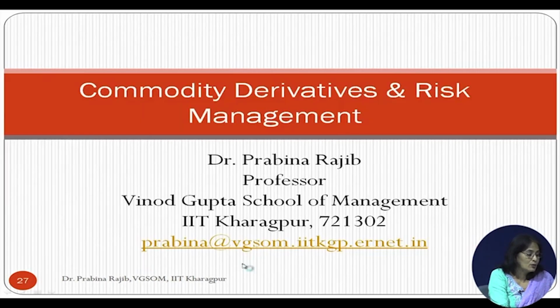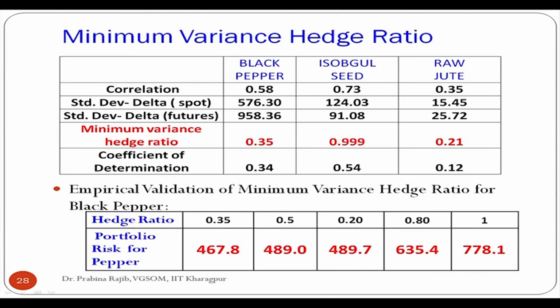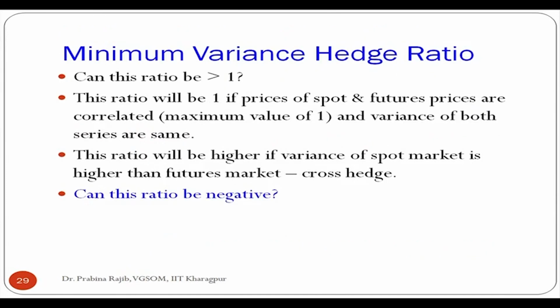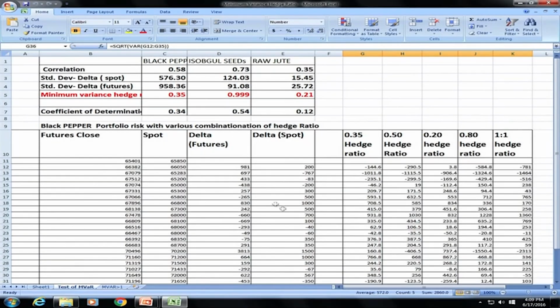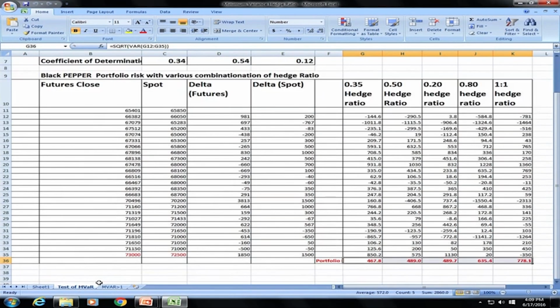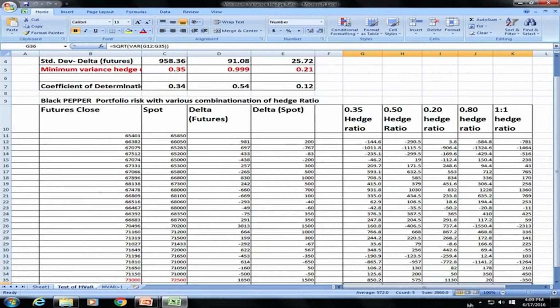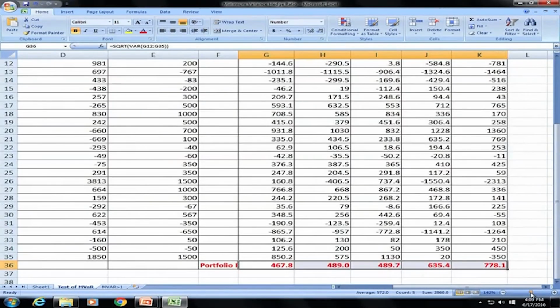Let me take you to the linked file, the second worksheet of the Excel file.